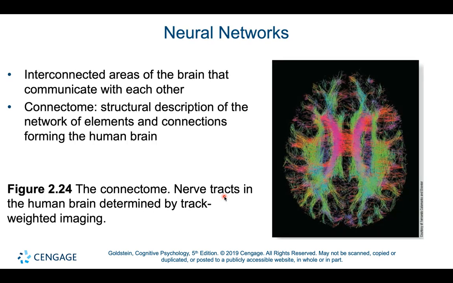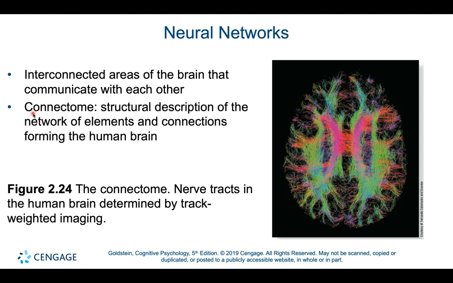So much of this sort of higher order multi-dimensional representation happens through neural networks. So these are networks of information sharing and processing that move information from one large area of the brain to another large area of the brain.